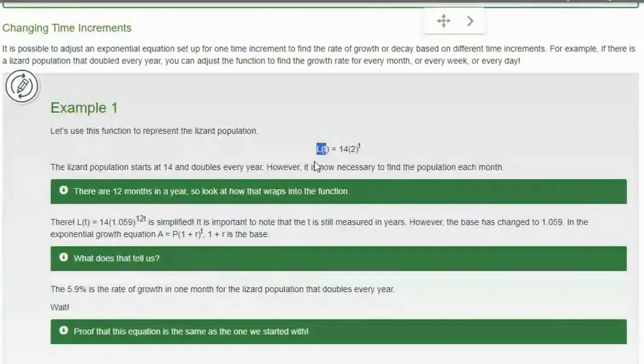If we use this exponential equation where we start with 14 lizards and it doubles every year, they want to find the population using a change of time increments. That's what we're looking at.